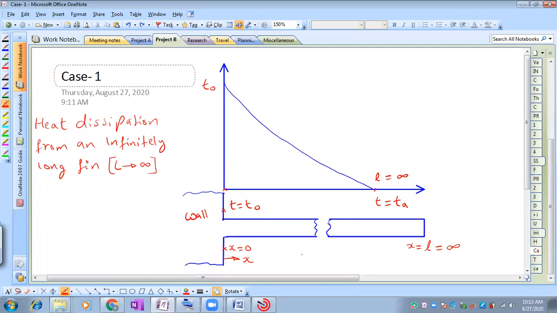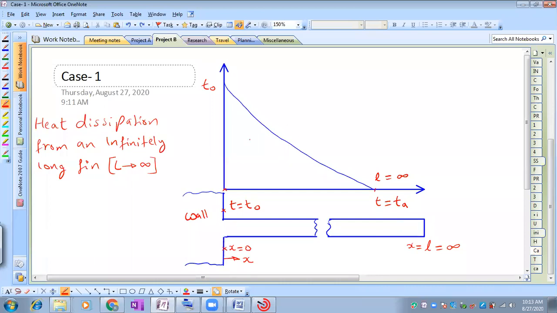X indicates the direction and the length of the fin. So if the length is 0, the temperature at the base of the fin will be T0. At the end of the fin, if the length is infinity, the temperature of the fin will equal the ambient temperature, as the fin is infinitely long.